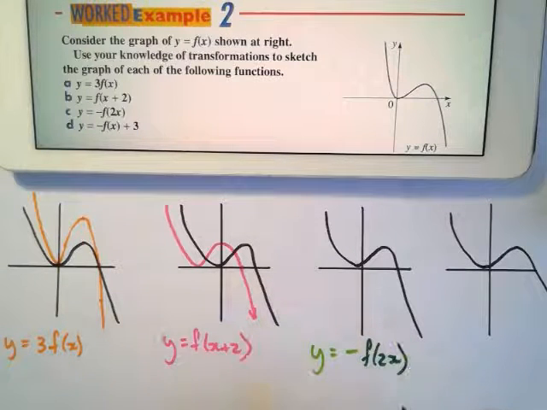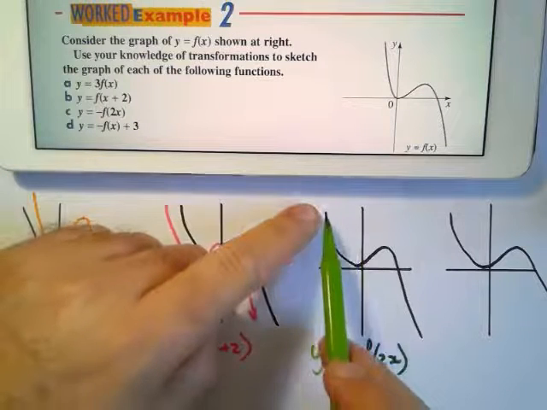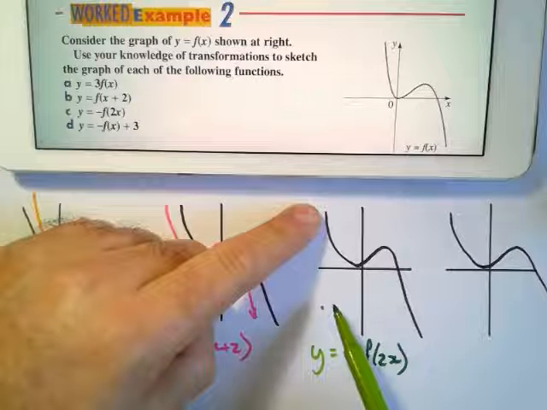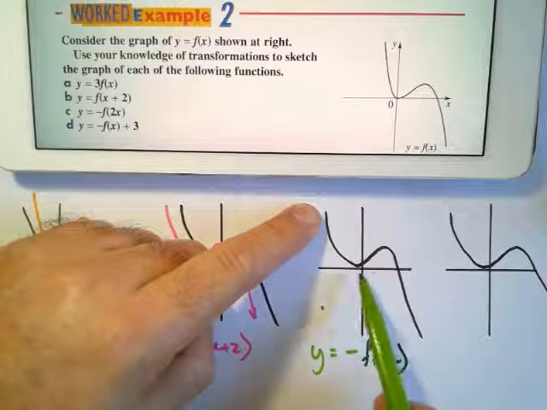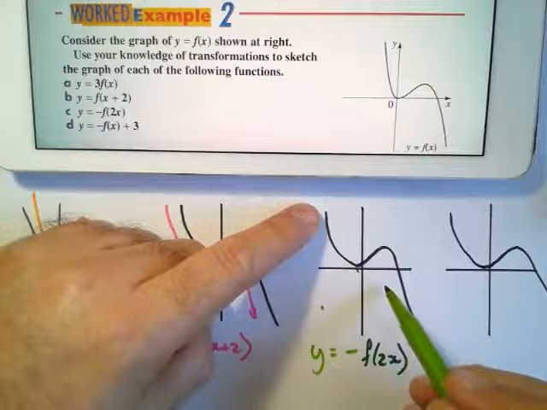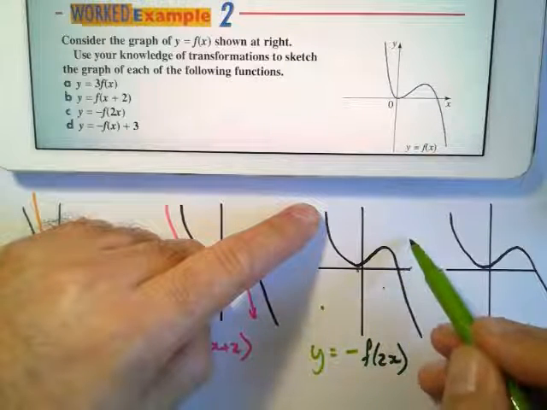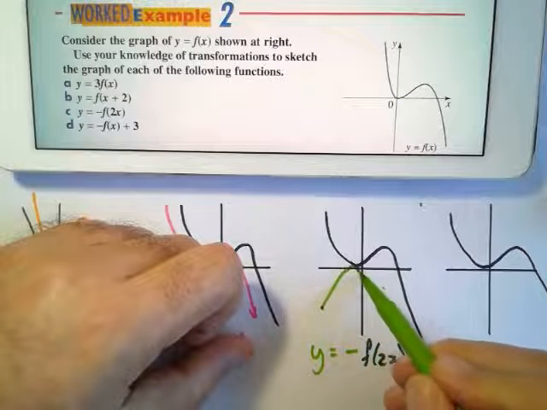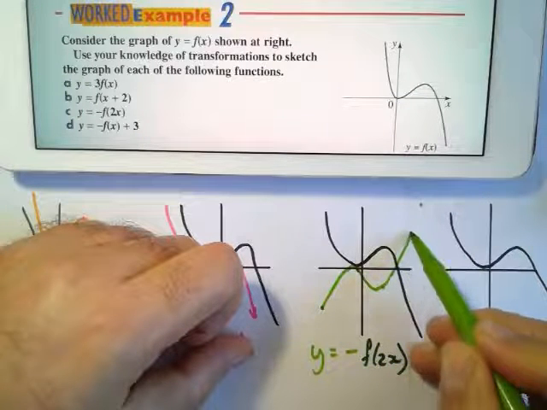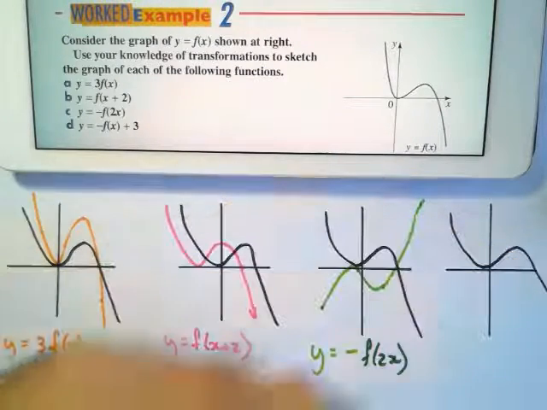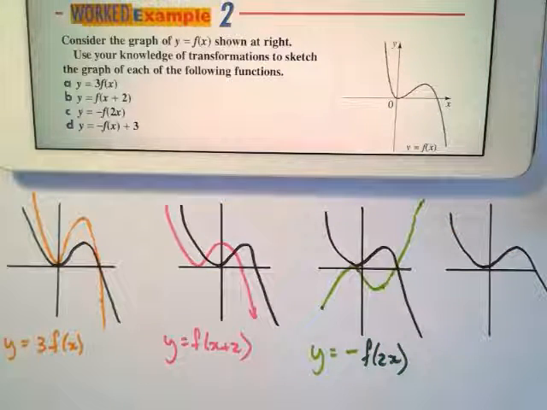In other words, where y was positive here, it will become negative. So we can see that this is mirrored, or reflected in the x-axis. So this thing is going to look like this. All these values change, so it's going to look like a mirror in the x-axis.